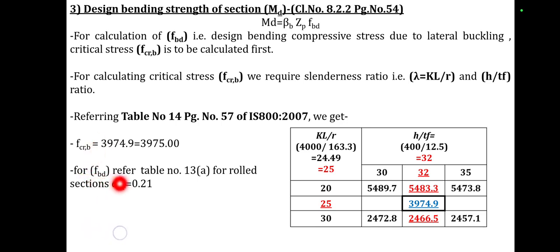For FBD, we refer to table number 13 for the rolled steel section, as alpha LT is 0.21. For FBD, we refer to table number 13A, and from table 13A, for FCRB equal to 3975, it lies between 4000 and 2000, and for Fy equal to 250, we have to interpolate this value.